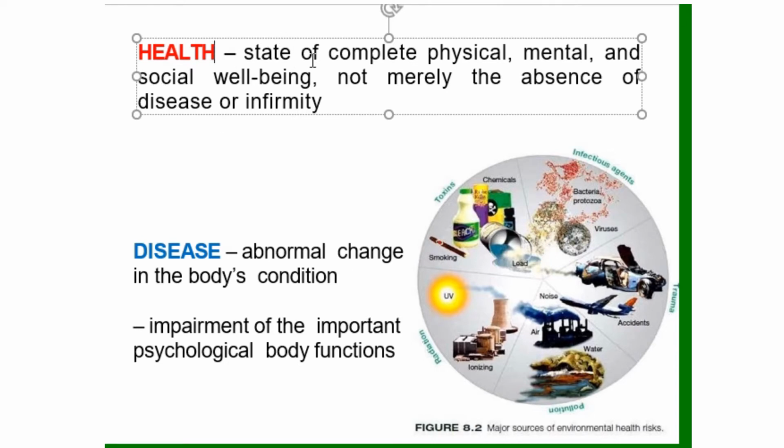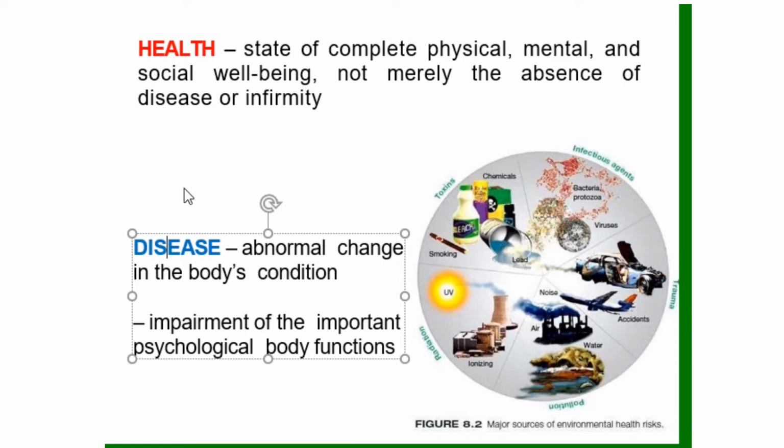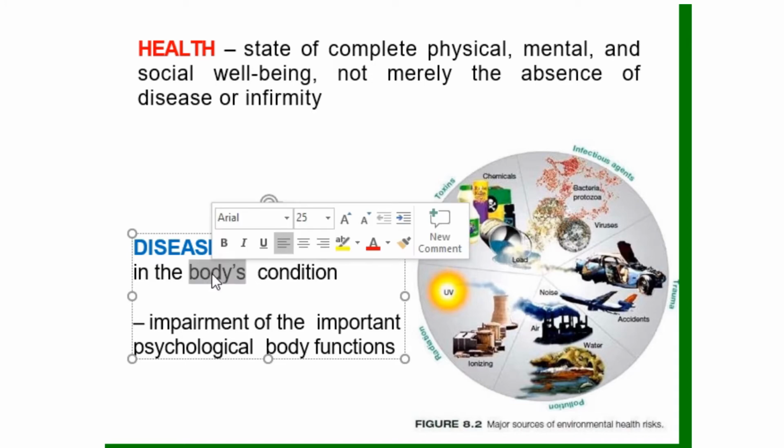Health is a state of complete physical, mental, and social well-being. What else? We also have here the definition of a disease. Disease is defined as an abnormal change in the body's function. If we are talking about the body, we are referring to the different systems in our body, and scientifically speaking, there are 11 systems.